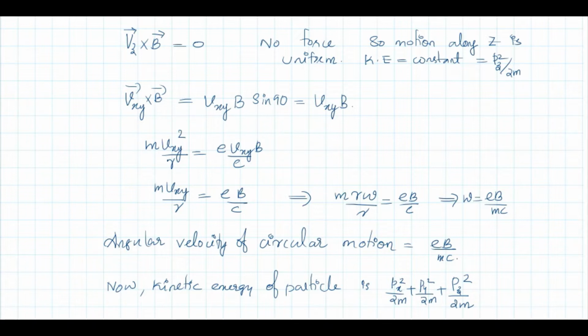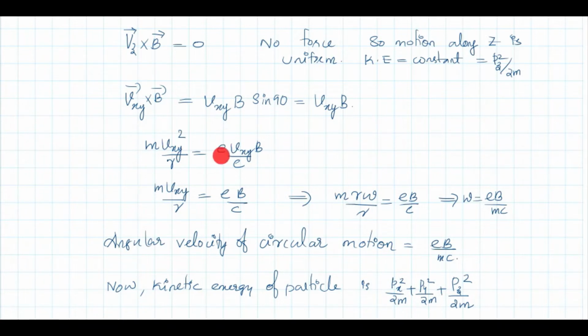Magnitude is e v B divided by c, and direction is always perpendicular to velocity. The only motion in which force is always perpendicular to velocity is circular motion, where velocity is tangential and force is along the radial direction. So the particle will move in a circular path perpendicular to the direction of magnetic field.